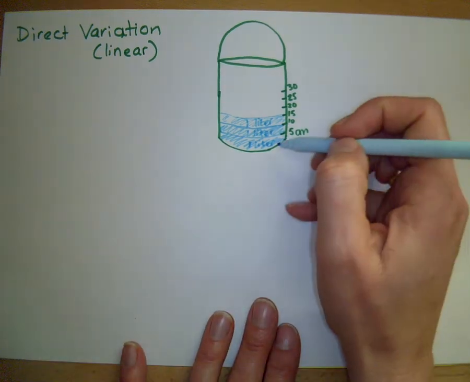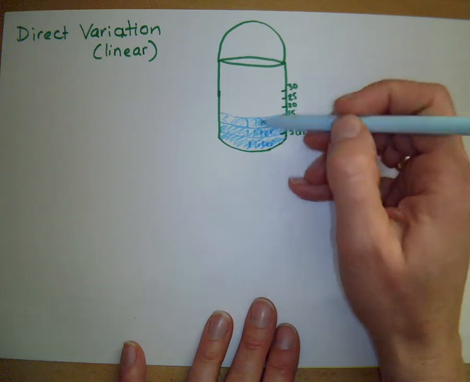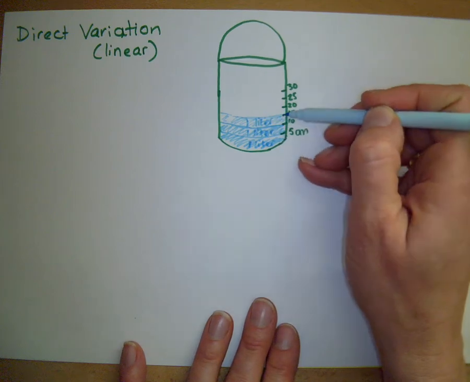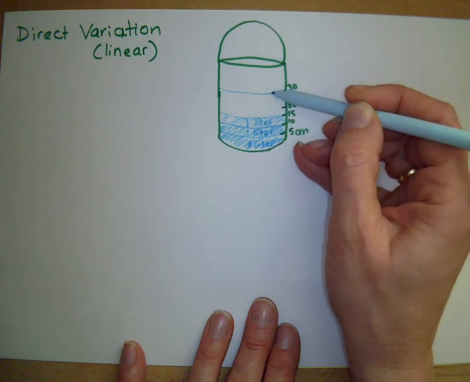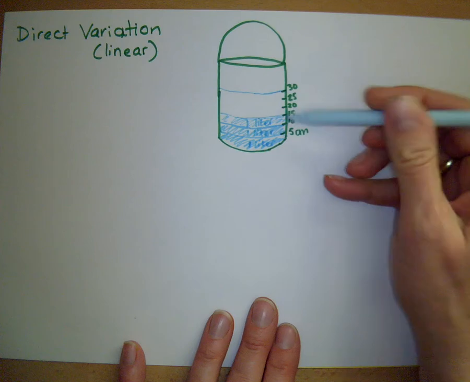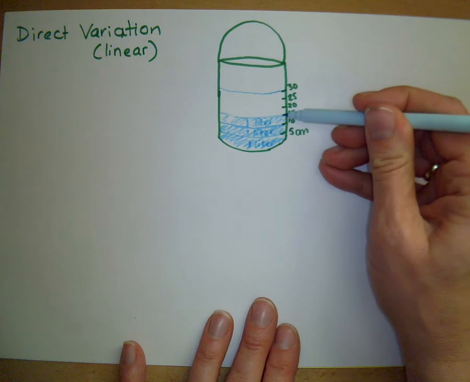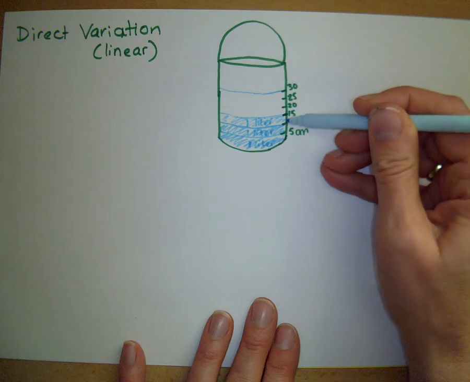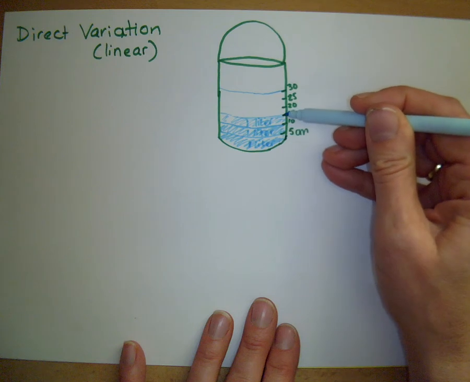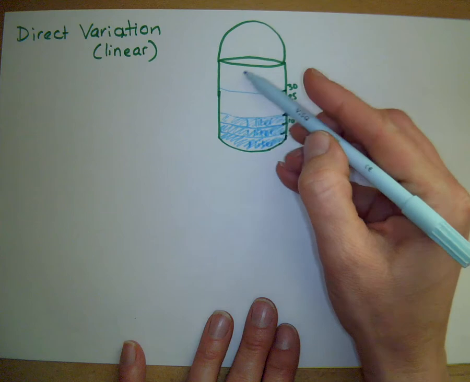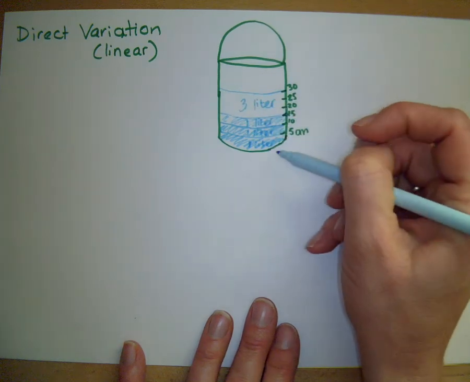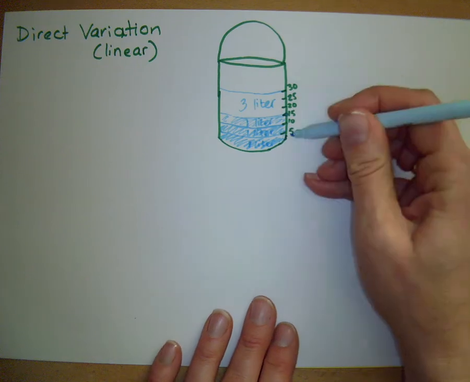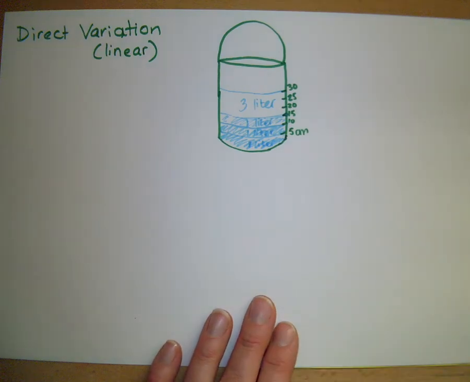If we double the number of liters, say we go from 3 to 6 liters, that will double the water level, the depth of the water, right? It'll go from 15 to 30. That makes a lot of sense. So if we double the one variable, the other variable doubles as well.